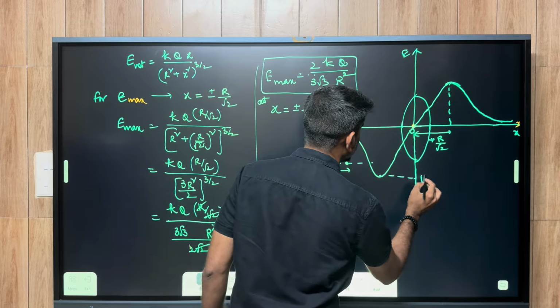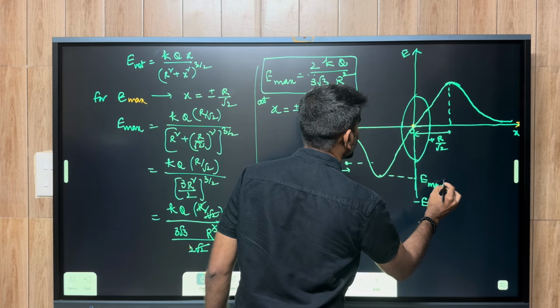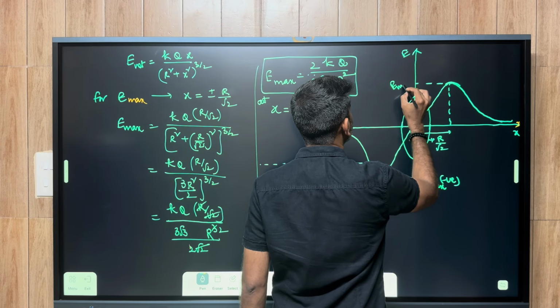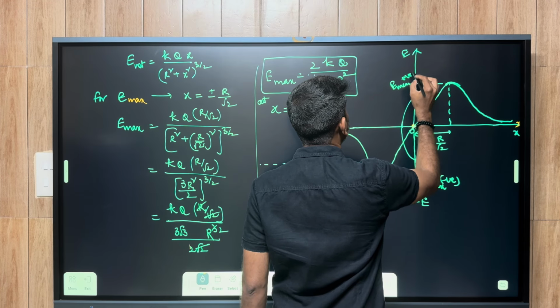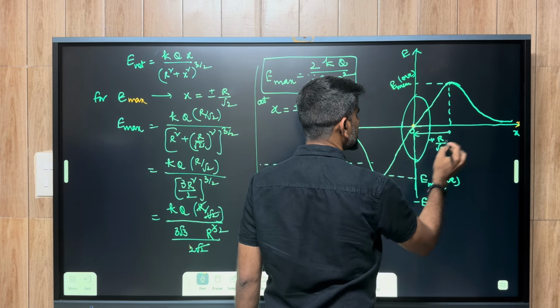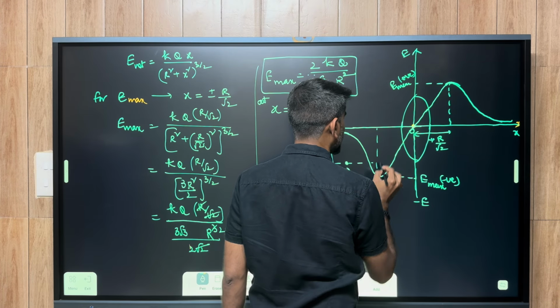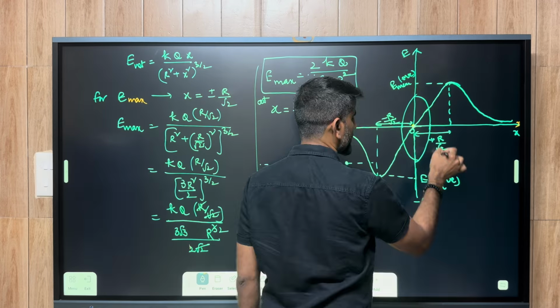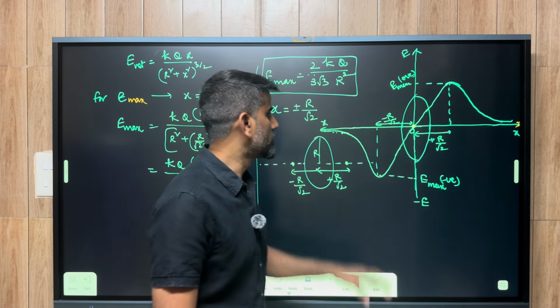So this is the E max negative, this is the E max positive. This is the distance plus r by root 2, and this is the distance minus r by root 2.